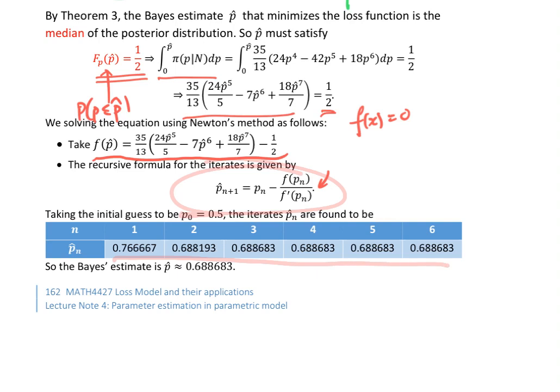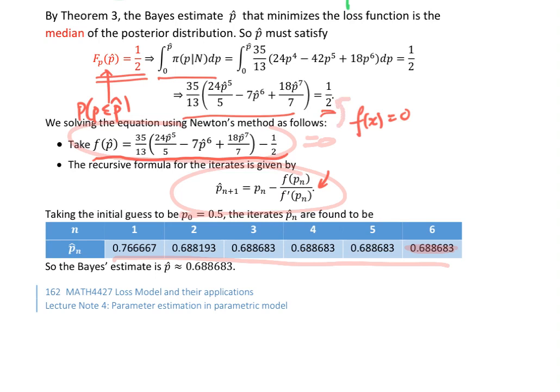Using this formula, you can get your iterates. You just keep on iterating until this number becomes stable, meaning that it doesn't oscillate. This limit will be what we call the final solution, right? Here you see that the iterate stops at this number. That means this number is the solution of f(p) equal to 0, which is the solution of this equation as well.